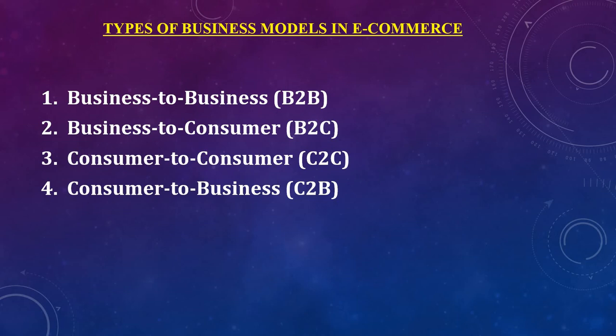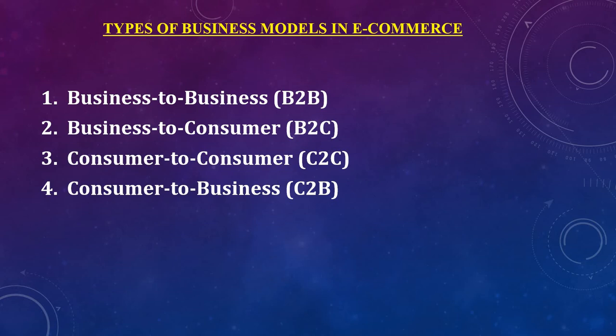Next is consumer to consumer. That is also known as C2C. Then what is C2C? What will happen in this case? One consumer sells goods to another consumer, right? Then how is it possible? Best examples are OLX, Quikr, correct? So what will happen in OLX? If we have some furniture, table, or any asset which we already used and now we don't require it, then we just click photos and upload them on OLX, correct?